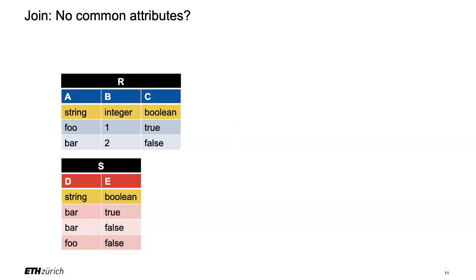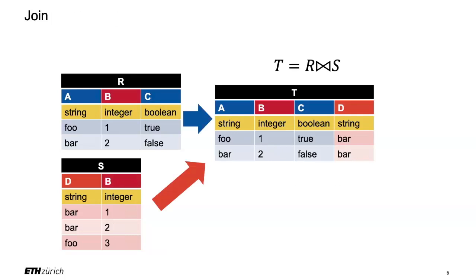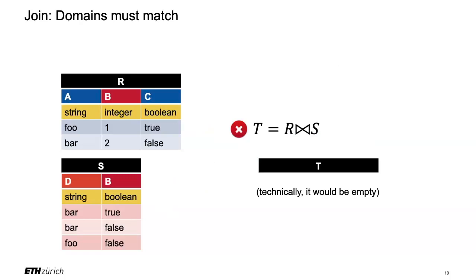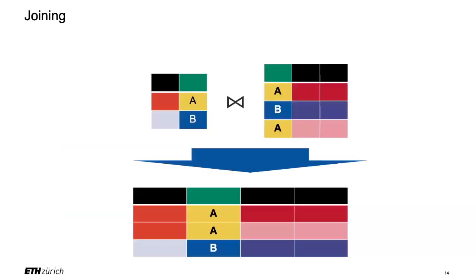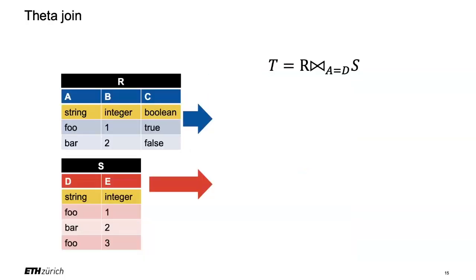Okay. So now the join that I have shown to you here is called a natural join. It's a natural join because we naturally combine the records based on the attributes that they have in common, in that case, B. But what if we have tables that have different attribute names, right?